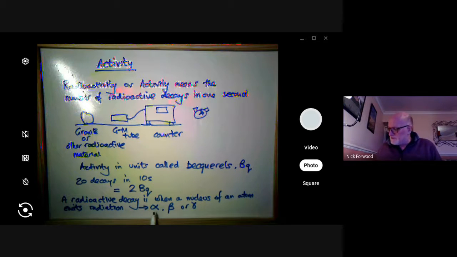There's my alpha symbol written, there's my beta symbol written, and there's my gamma symbol written out.